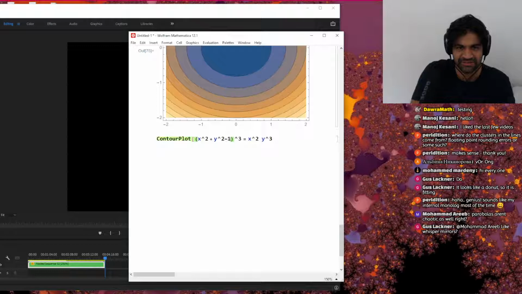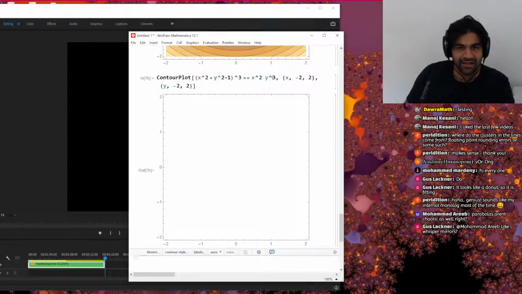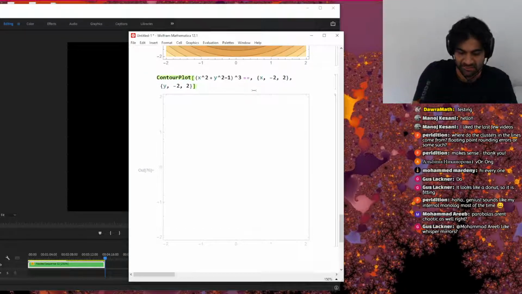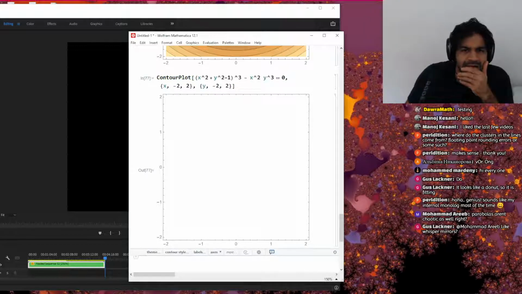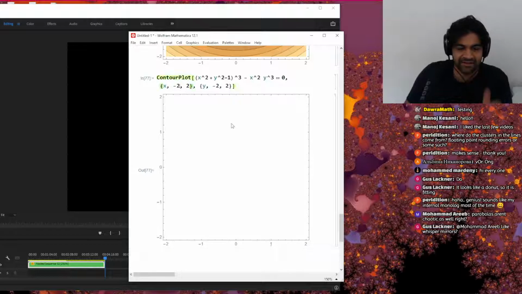Okay, so if you do a contour plot of this equation, where let's say x from -2 to 2, y from -2 to 2, I don't know why this isn't working. Huh. It's being weird. Let's see. -5 to 5. That's very odd.